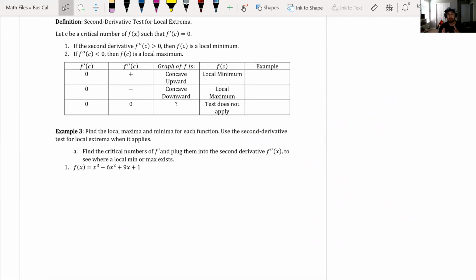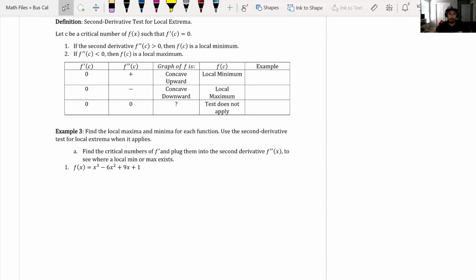Okay, so what we have up next is something called the second derivative test. Remember when we were graphing using the second derivative characteristics for concavity, we had to find the second derivative, set it equal to 0, solve for x, all that good stuff, right?